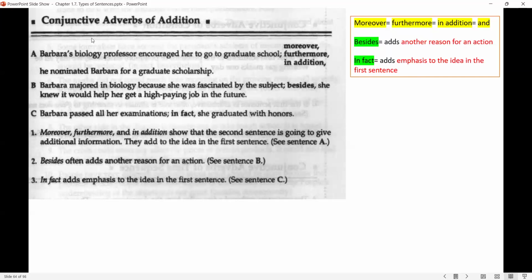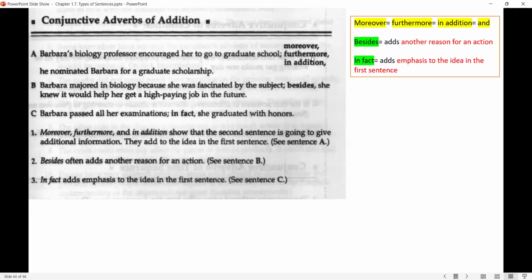All right, let's take a look at the example so you understand it better. Example A, Barbara's biology professor encouraged her to go to graduate school. Moreover, he nominated Barbara for a graduate scholarship. Or furthermore, or in addition, he nominated Barbara for a graduate scholarship. So they have the same meaning.